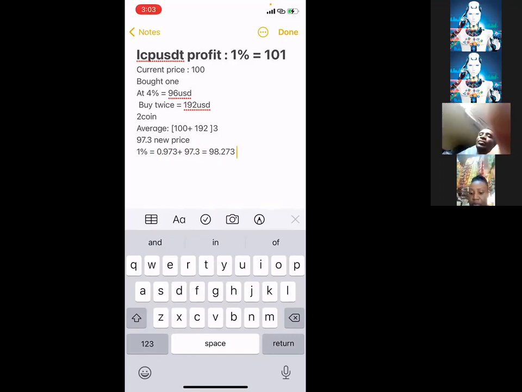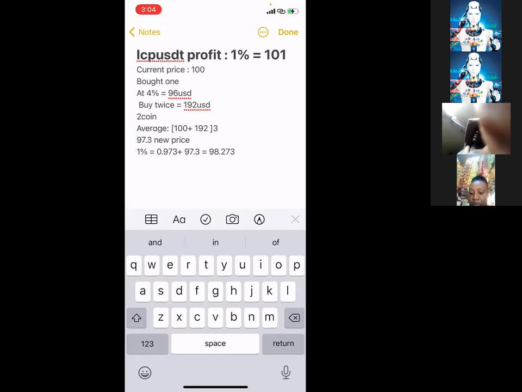So by buying the dip using margin, you will be earning 1% of your $30. Are you following me? Because you now have 3 coins. The first one is $100 purchased, the second one is 192, and then your entry buy-in is $30. Let's assume that each of them you are buying with $10.